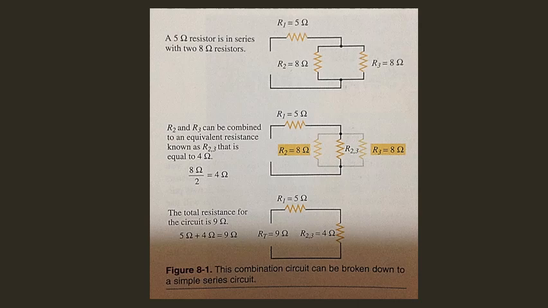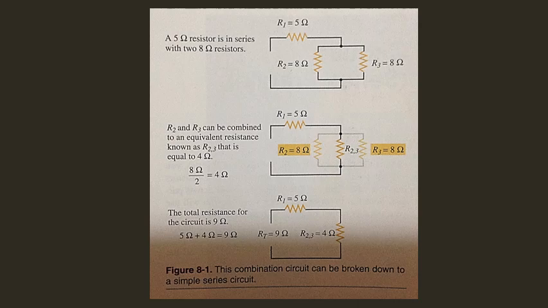The combination circuit can be redrawn as a simple series circuit with a new resistor identified as R23. The new resistor, R23, is the equivalent value of R2 and R3 in parallel. The equivalent value of R2 and R3 in parallel is 4 ohms.